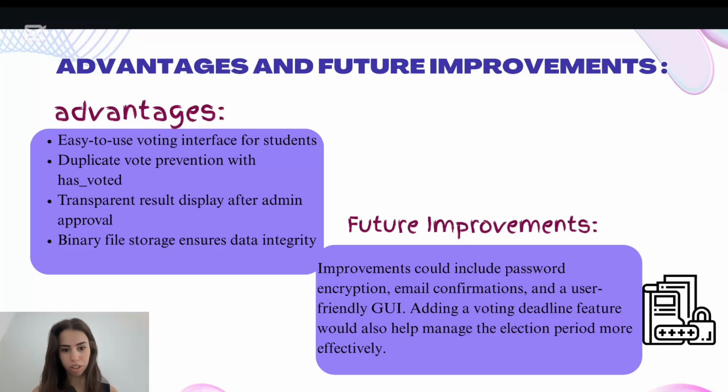Manifestos help students make informed decisions before voting, all handled by view reps for student, and results are only displayed if published by the admin, a check that is built into view final results.